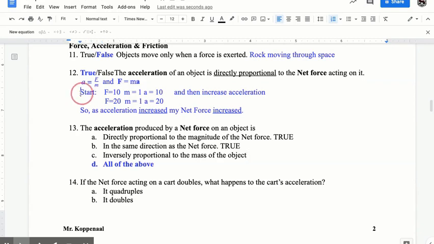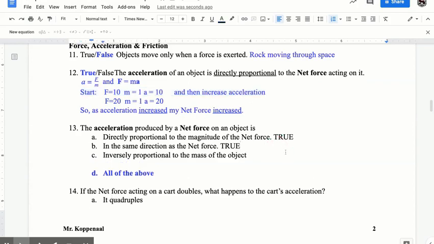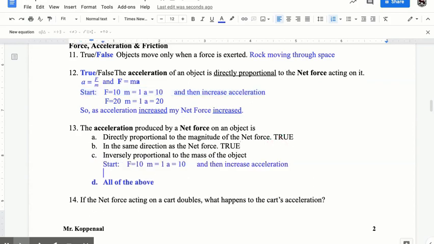So let's test this. I start with this, and now I'm going to say, okay, now my acceleration, because I don't want to worry about acceleration. Acceleration is 1, and mass is 10.